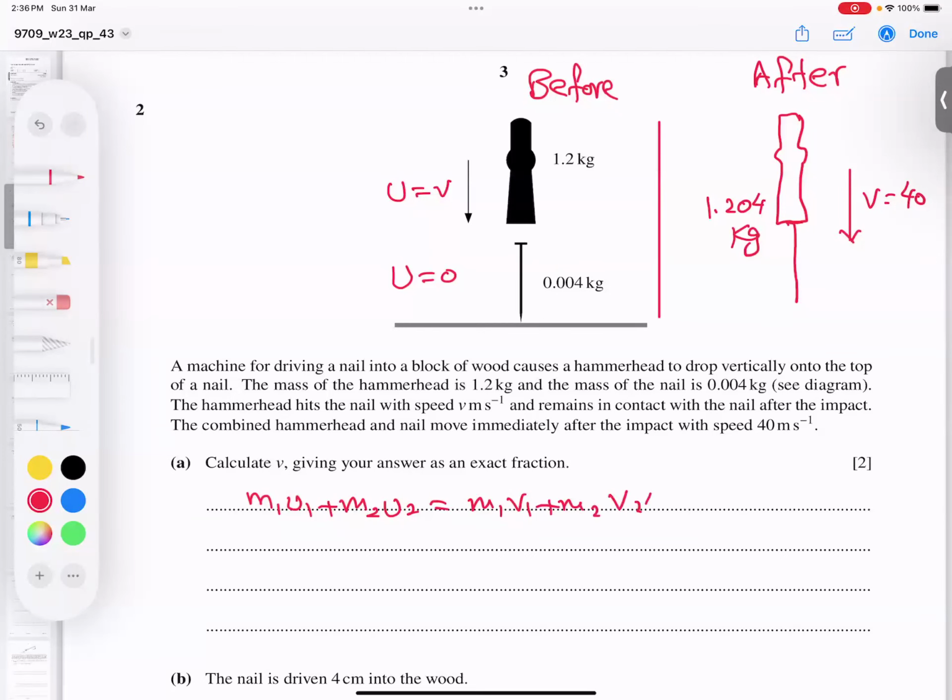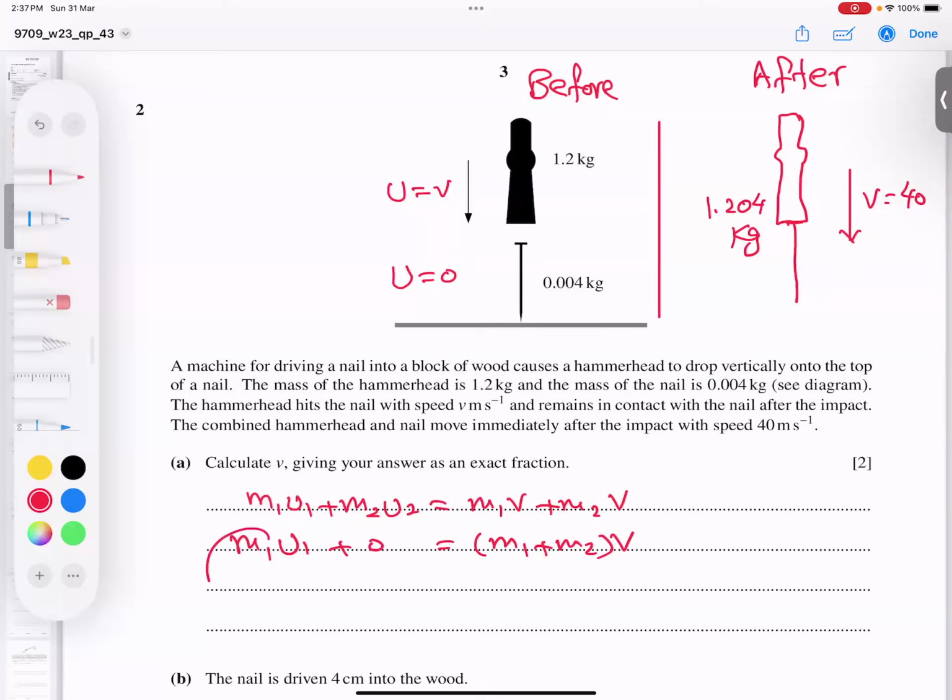But now both velocities are the same, so I remove v2 and v1, and it turns to be vv. If I take v common, it becomes m1 plus m2 into v.